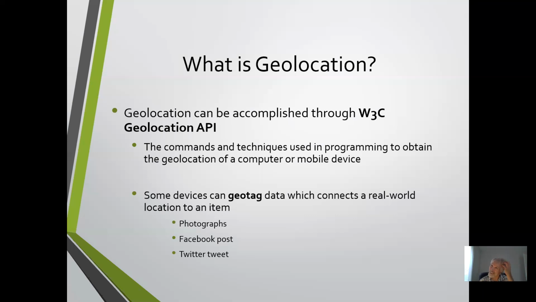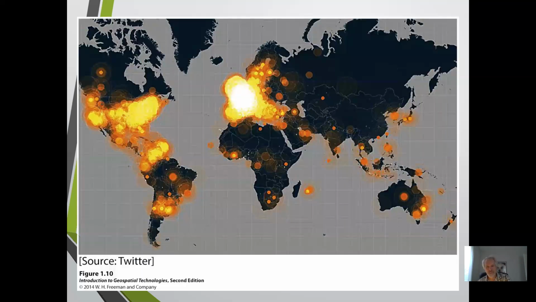A lot of times I'll take pictures and I don't have them geotagged because I don't care, but a lot of times I will. This is an example of a Twitter thing. This map was taken after the massacre that occurred in France in 2015 on that Charlie Hebdo magazine.